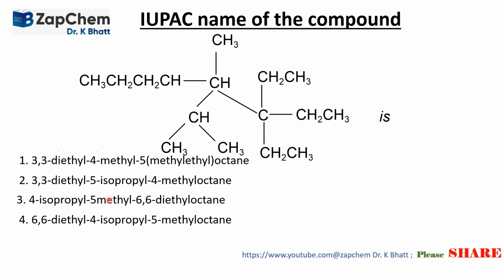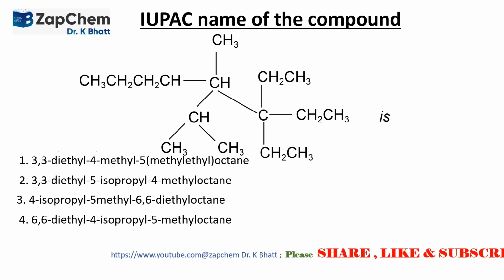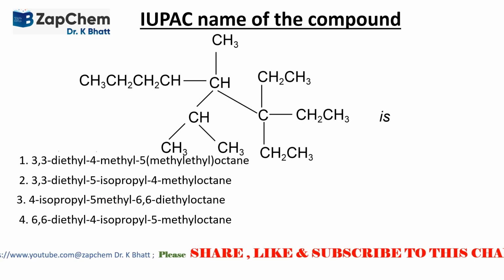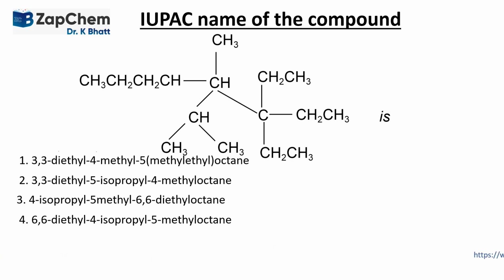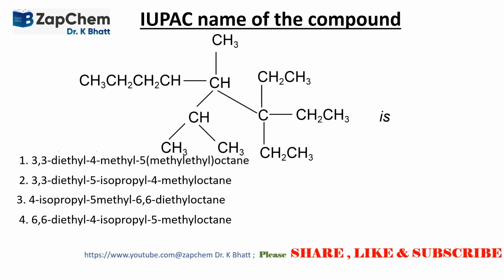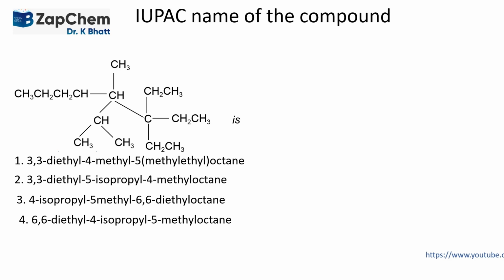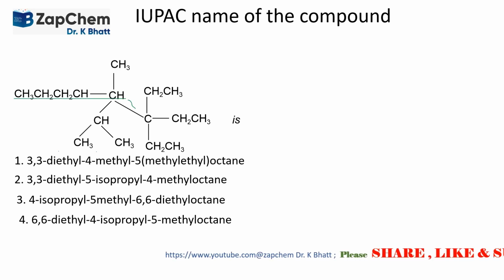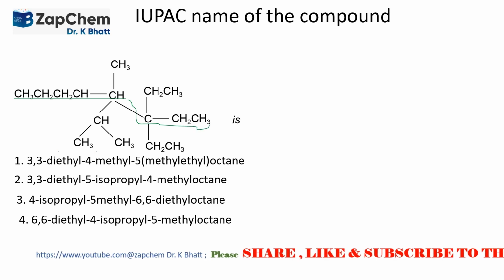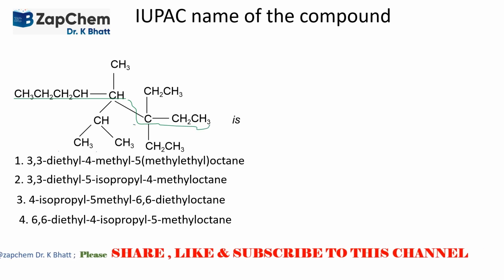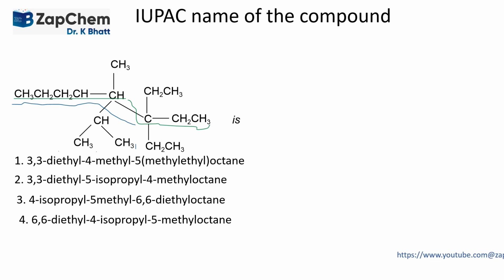Anyway, you have to number the carbon atoms from the end where the ethyl group is there, the ethyl substituent. Now, it would always be better to find out here, and as we find there are 8 carbon atoms in this chain. There is another chain having 8 carbon atoms, and the chain is like this.